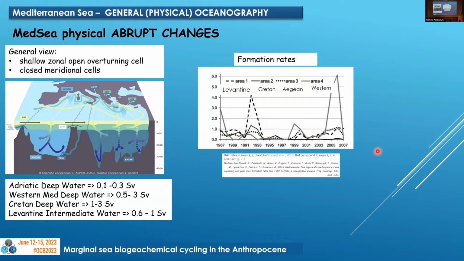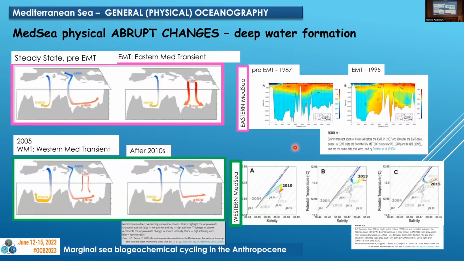Unfortunately, there are no biogeochemical time series as long as this one. So the Mediterranean has suffered abrupt changes. There is a change in the formation rates of intermediate and deep waters, especially after the 90s, as you can see here. And I'm going to explain to you with these diagrams what has happened.